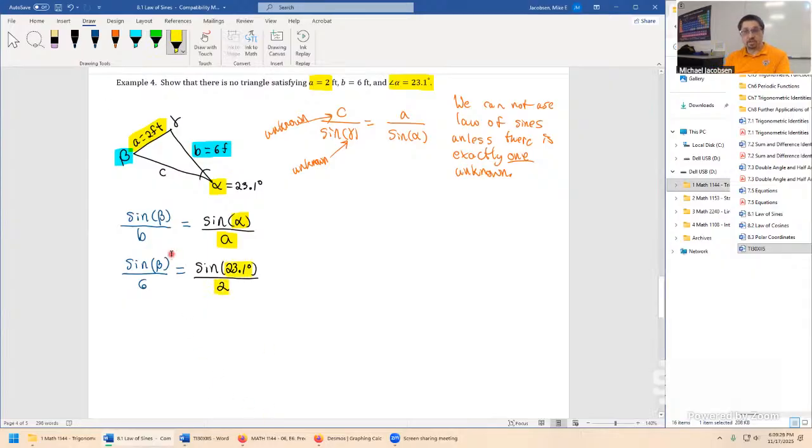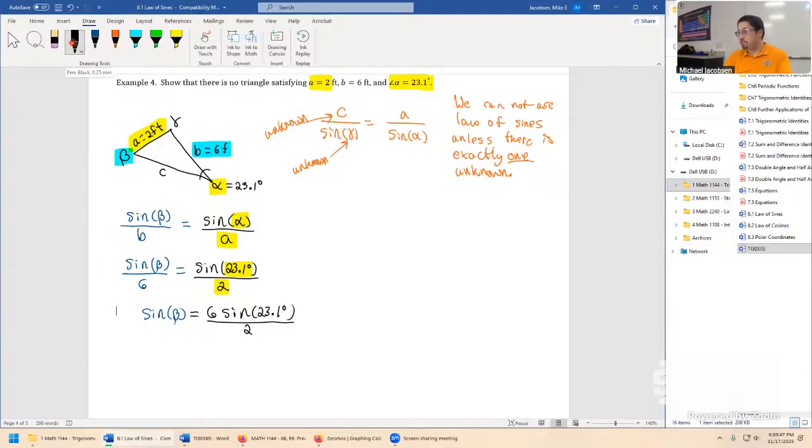And from this, we can solve this equation for sine beta. So sine beta is now equal to 6 sine 23.1 degrees divided by 2.